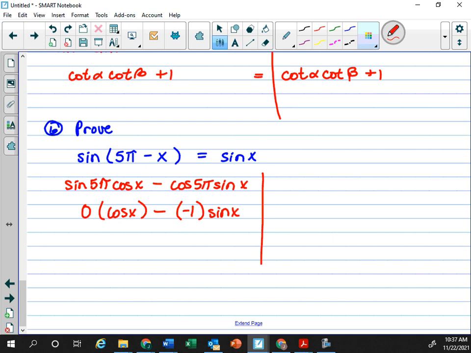So 0 times cosine x is 0, gone, right? Nothing. And then minus negative 1 would make that positive sine. And we're done. Okay? It's magic, yeah. It's like a weird combo of the proof, your formulas, evaluating, all of that together, okay?